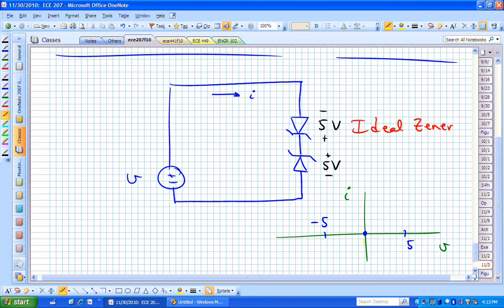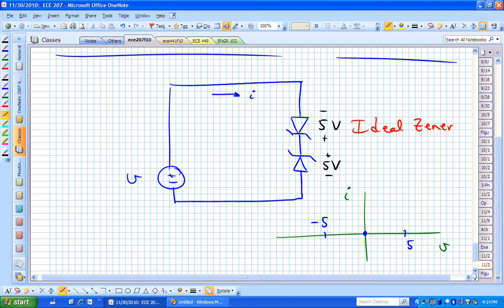Suppose that I now make this V more positive than 5? The bottom Zener is wanting to just be stuck at 5 volts. If it's stuck at 5 volts and little v on the left is more than 5, what happens to that top diode? Is it forward or reverse biased? Is the anode more positive than the cathode?